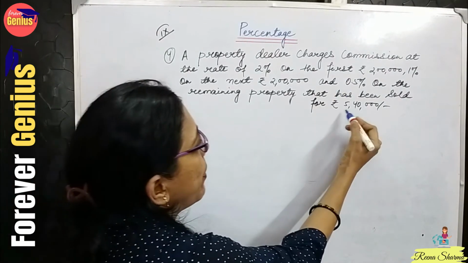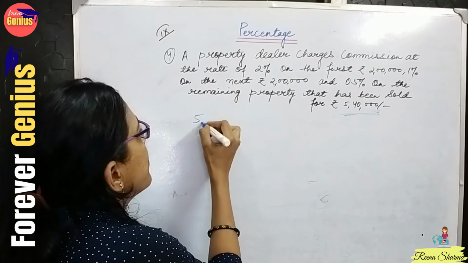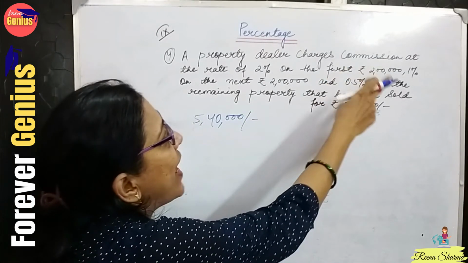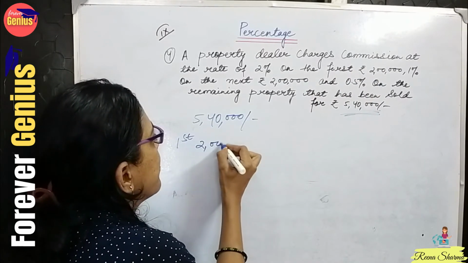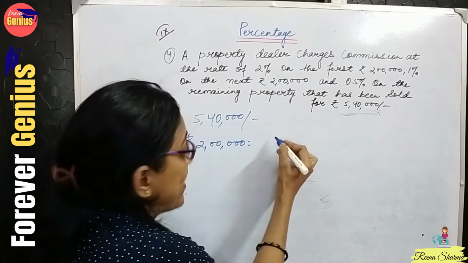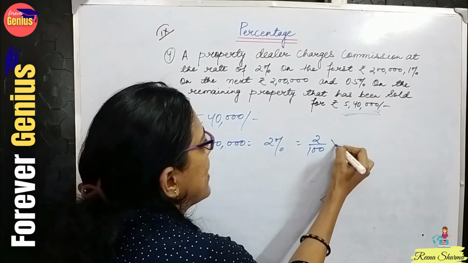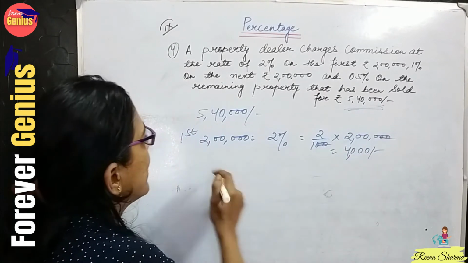So first the property value is 5,40,000. So when 5,40,000 is the value of the property, for the first 2 lakh, it is 2%. So 2% of what? 2% of 2 lakh. It is coming to 4,000.